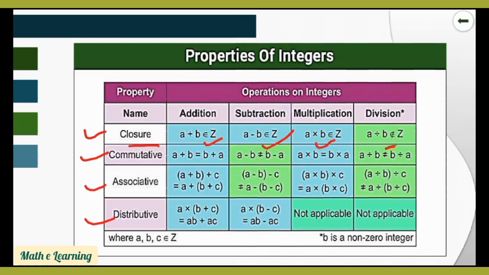See, it is not applied to division. Okay, and using this symbol you can understand this means the result of a plus b is contained in Z, and it shows that it does not contain, right?